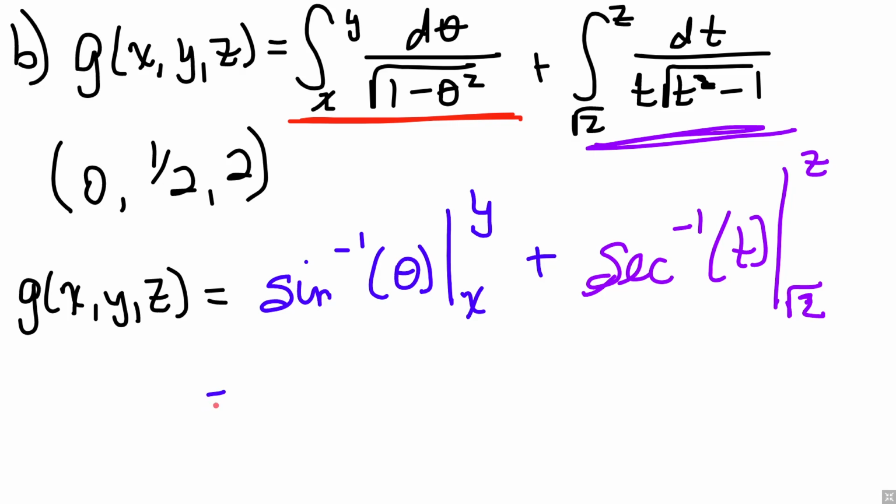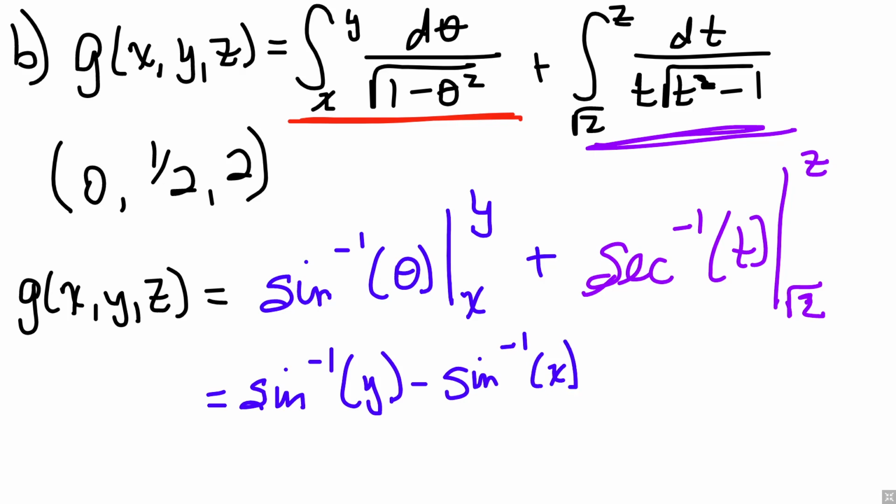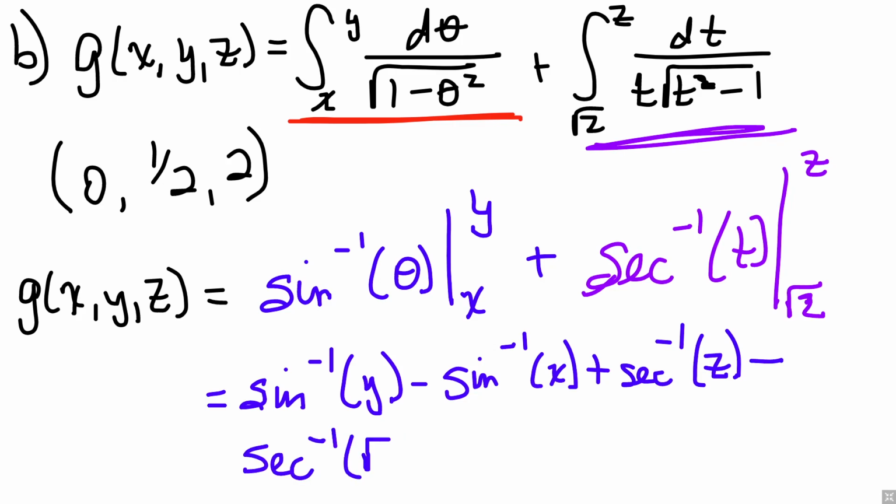So essentially what we're going to end up with is the sine inverse of y minus the sine inverse of x plus the secant inverse of z minus the secant inverse of the square root of 2.